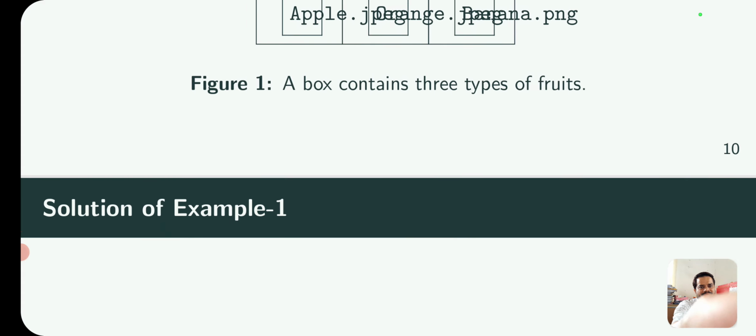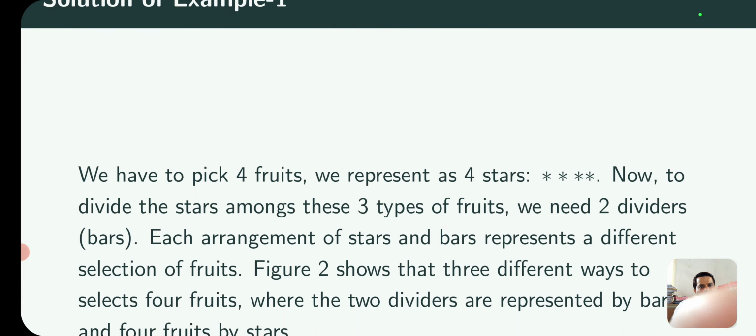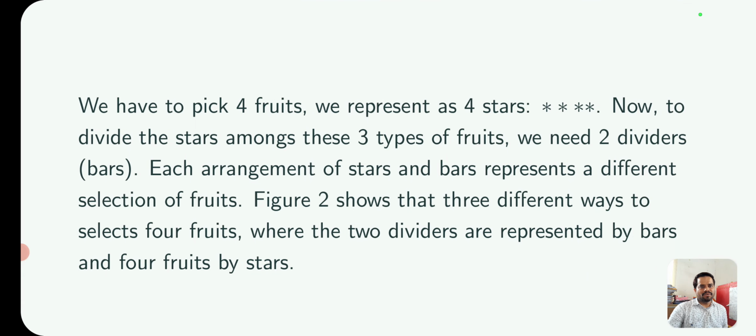After that, we have to pick 4 fruits, which are represented by 4 stars. It means there are 4 stars. Now to divide the stars among these 3 types of fruits, we need 2 dividers. 2 dividers are there, or we can call them bars also.